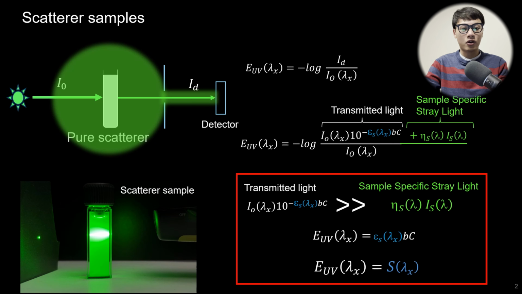So under these conditions, the measured extinction closely reflects the true scattering extinction and still shows linear behavior with the concentration. But as the concentration increases, more scattered photons reach the detector alongside the transmitted light. This causes deviation from the expected linearity and ultimately a breakdown of Beer-Lambert law behavior in purely scattering systems.